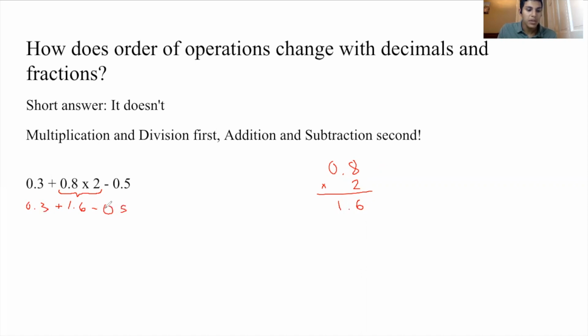Now we have both addition and subtraction here, but since the addition comes first in this question, we'll do that first. 0.3 plus 1.6 is 1.9. So 1.9 minus 0.5. And finally, 1.9 minus 0.5 is 1.4. So we use the same order of operations, except we had decimals in the question this time.